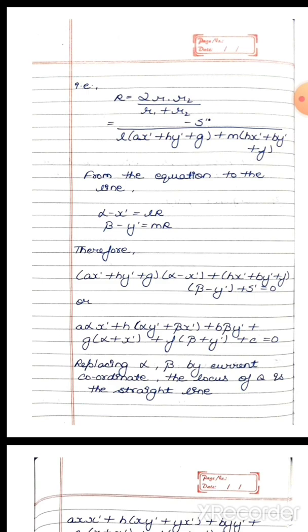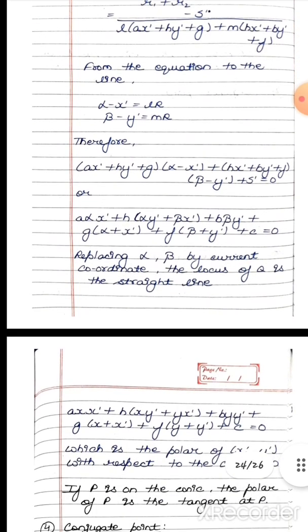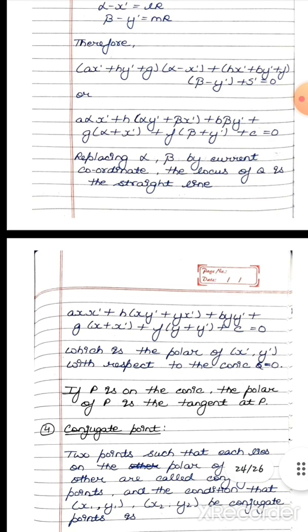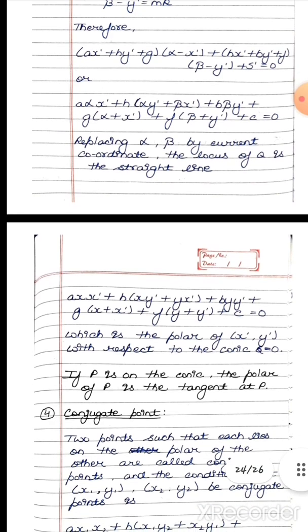Or we can also write a alpha x' plus h alpha y' plus h beta x' plus b beta y' plus g alpha plus g x' plus f beta plus f y' plus c equals 0. So by replacing the values of alpha and beta with current coordinates, the locus of Q is a straight line.